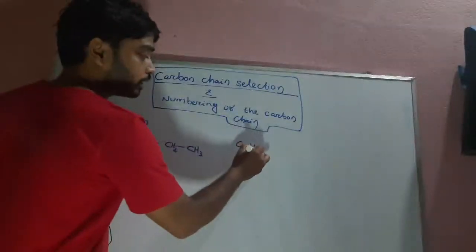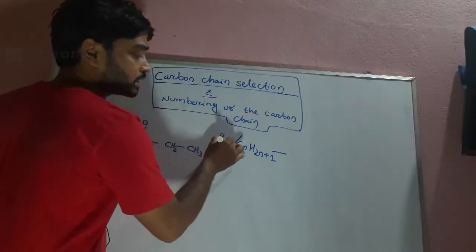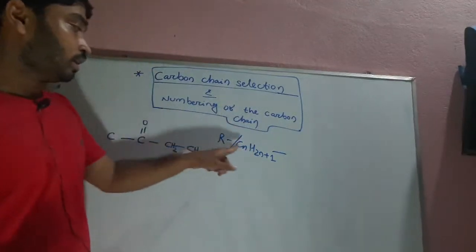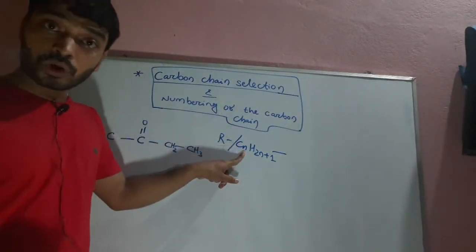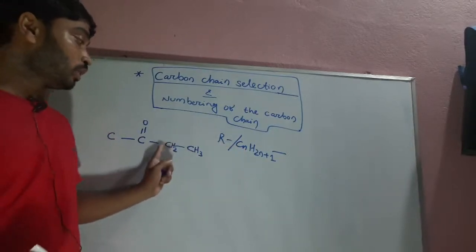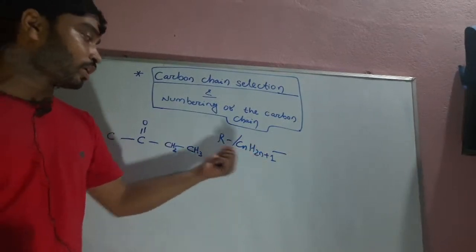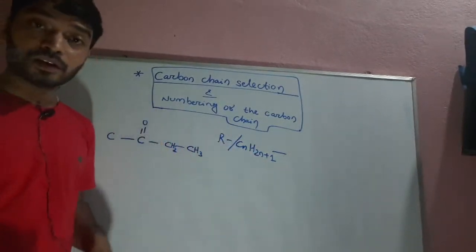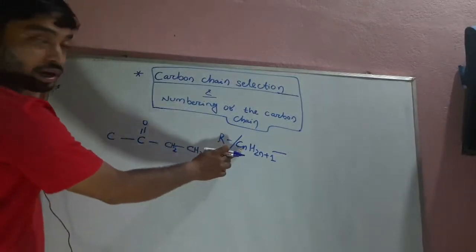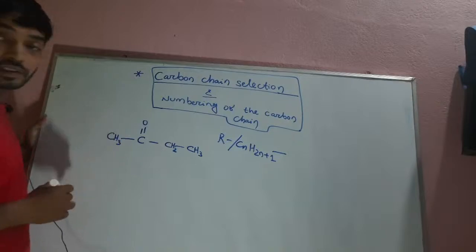Why? I have written just previously that the alkyl group has the general formula CnH2n+1. So if I put 2, carbon will be 2, and hydrogen 2 into 2 plus 1 will be 5. Similarly, if I put 1, the carbon will be 1 and hydrogen will be 3.